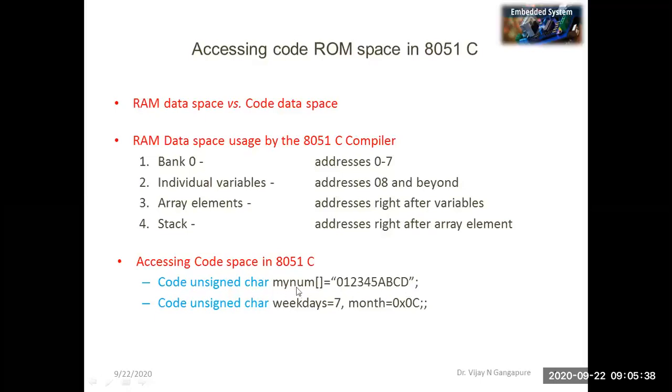It is declaring mynum as an unsigned char type of array. Means each element in this mynum will be of type unsigned char, that is a number between 0 and 255. And in that array I am storing these elements. First element will be 0, second will be 1, 2, 3, 4, 5, and last element will be d. So how many elements are there? There are 10 elements we are storing in this mynum array.